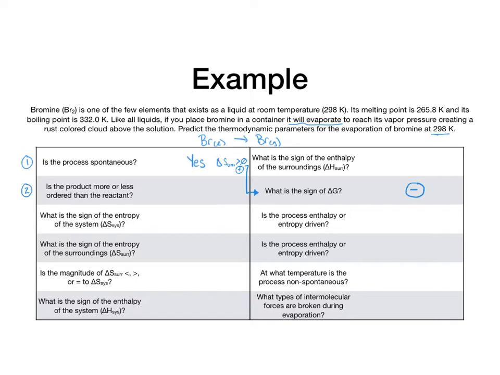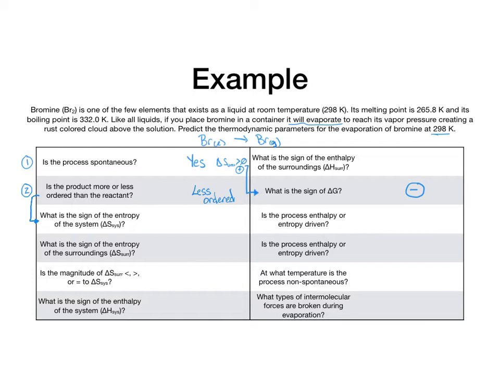So now I'm going to move to, is the product more or less ordered than the reactant? Our products are gases, and those gases are less ordered than liquids. From this, it can tell us something about delta S of the system.